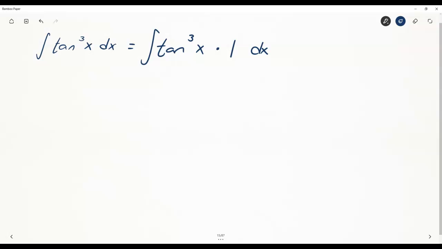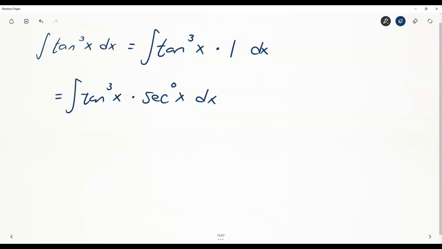So far, so good. Okay. What about this? Any non-zero value to the 0 power is equal to 1. I still haven't changed it.